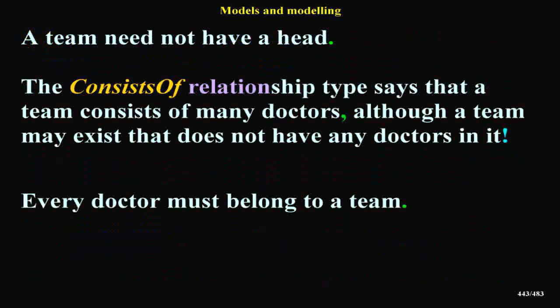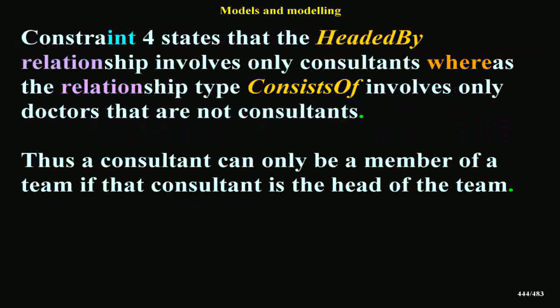The consists of relationship type says that a team consists of many doctors, although a team may exist that does not have any doctors in it. Every doctor must belong to a team. Constraint 4 states that the headed by relationship involves only consultants, whereas the relationship type consists of involves only doctors that are not consultants.